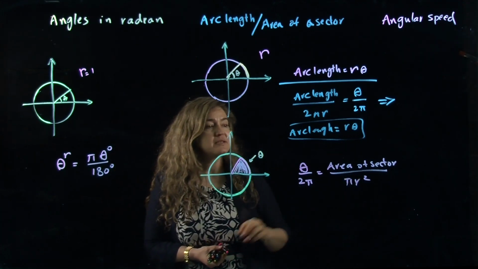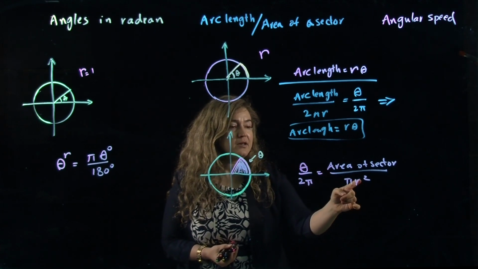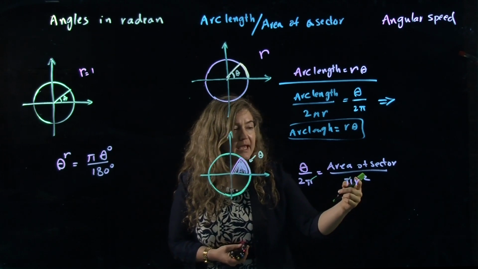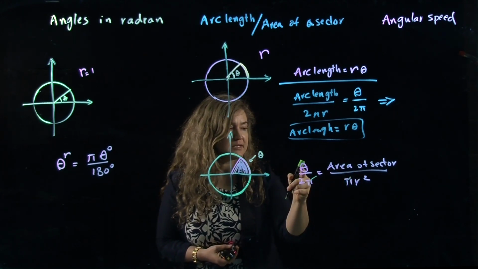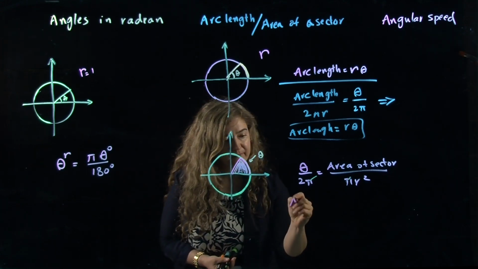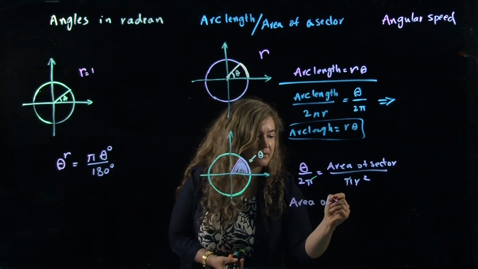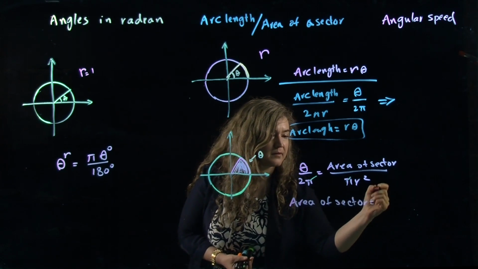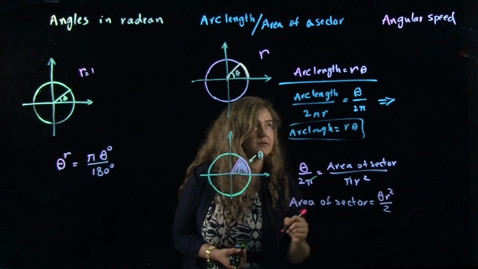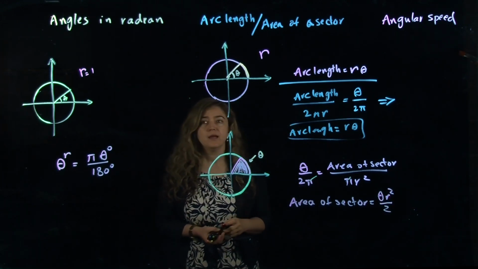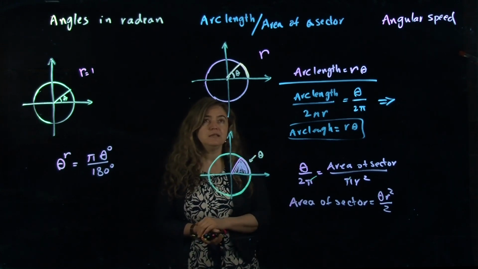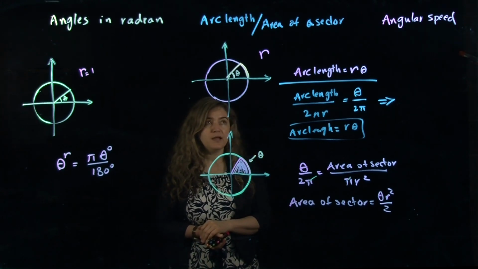Now we want to simplify everything. Here pi and pi simplify, and then I get the area of the sector is theta times r squared divided by 2. So this is the discussion of the angle, the arc length, and area of a sector.